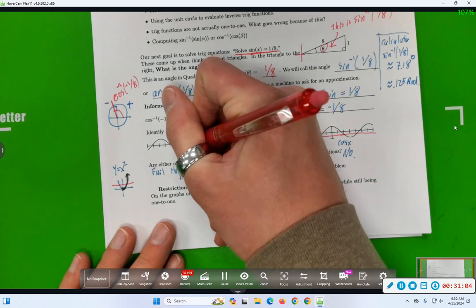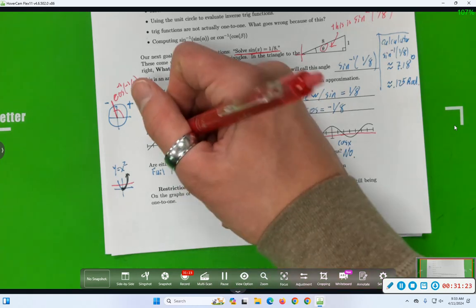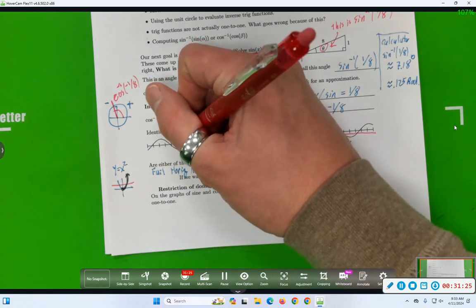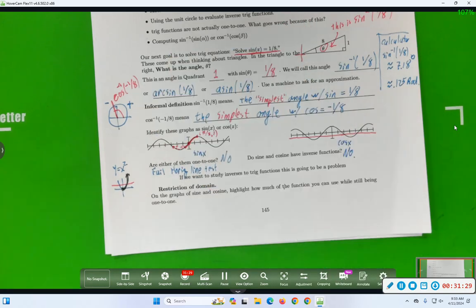How far to the left can you go while still having it be 1 to 1? I don't think you can get to negative 4.5-ish. That would be all the way up here, right? It's going to fail being 1 to 1 right there.